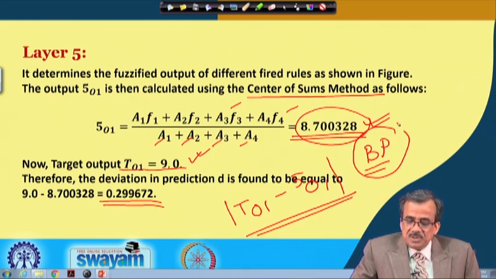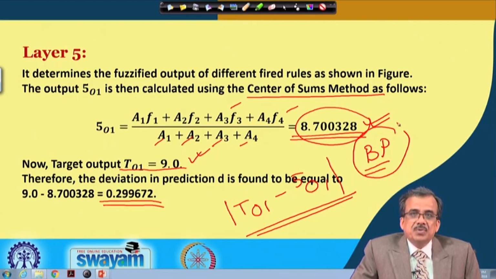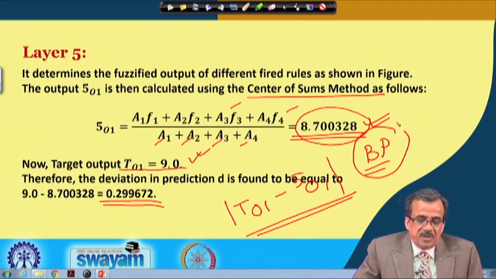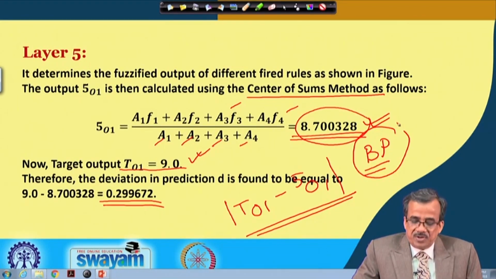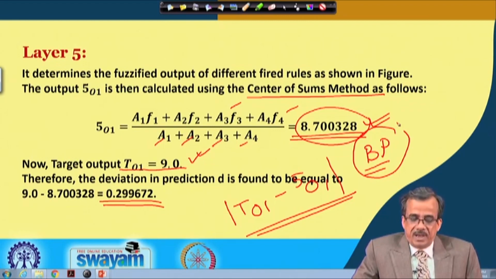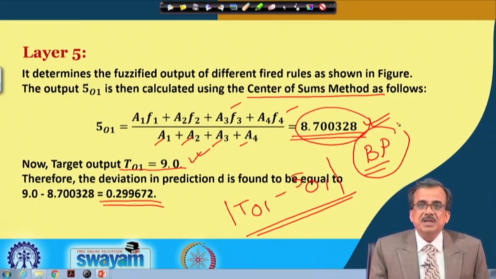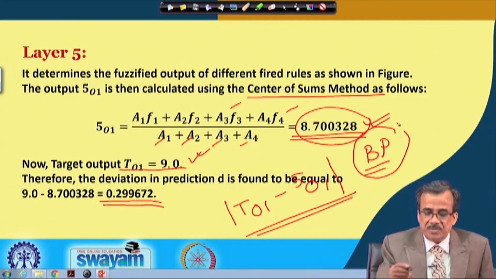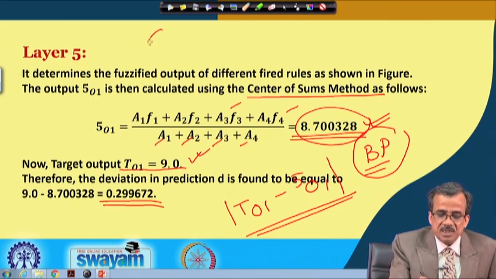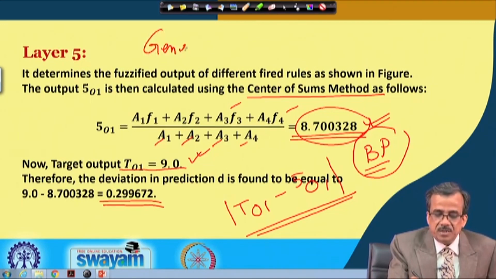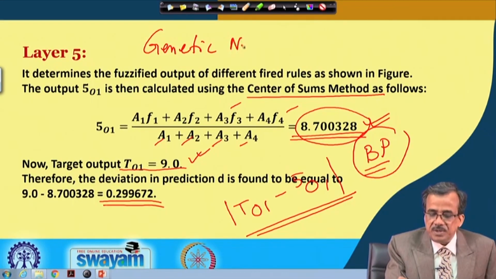Now, if I use the genetic algorithm, all the design variables we can keep inside that particular GA string. The GA will try to evolve one optimal Neuro-Fuzzy system, and if you use a genetic algorithm just to evolve that optimal Neuro-Fuzzy system, that will be known as your genetic Neuro-Fuzzy system.